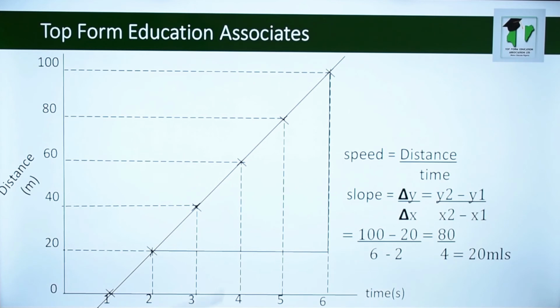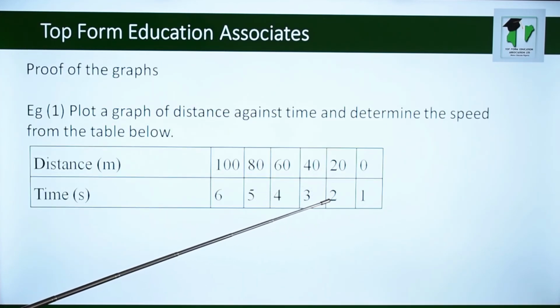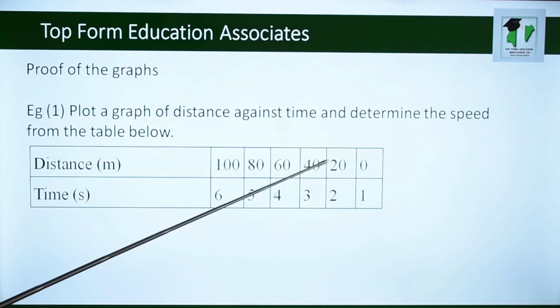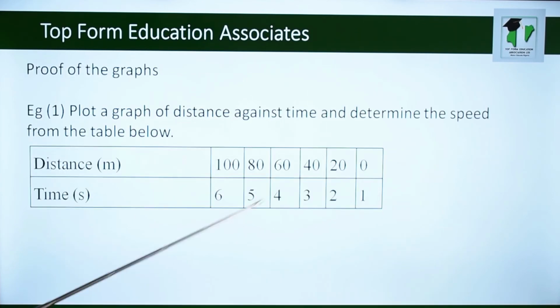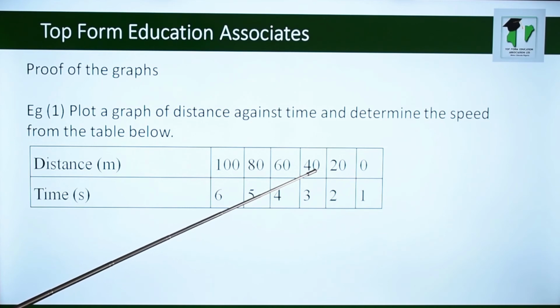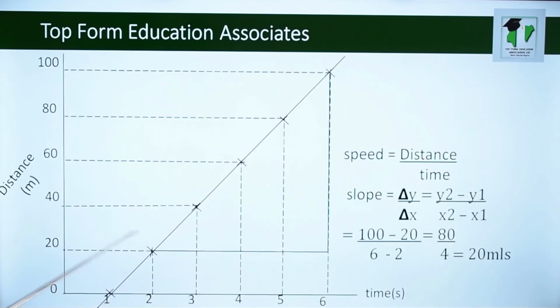Now at 20 meters, the time there is what? 2 seconds. From your table, when you have 40 meters, the time is 3 seconds. So at 40 meters, the time is what? 3 seconds.